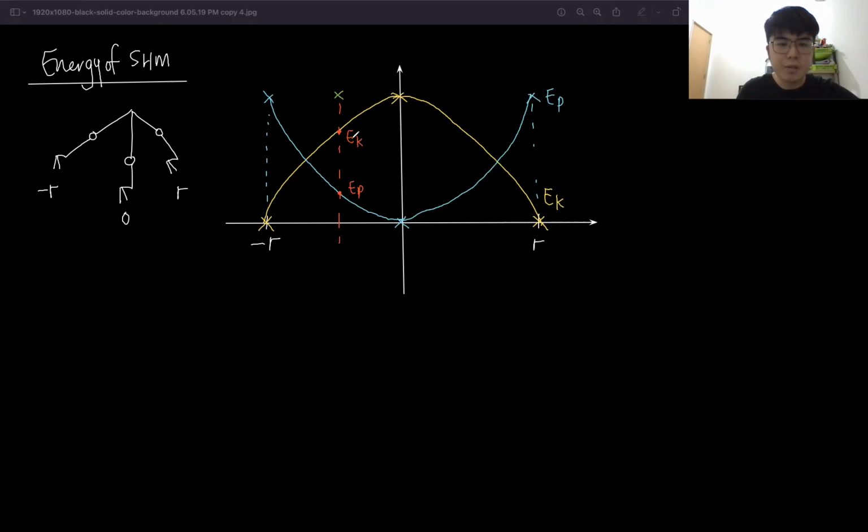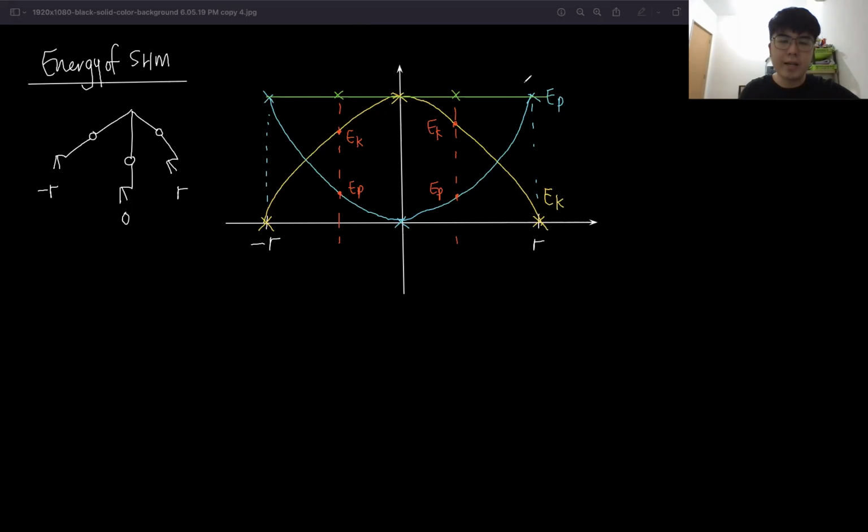If we take the point over here, we add up how much is the EP and how much is the EK, and we get the total height. If you do that for every single point, you will get a straight line that represents the total energy.